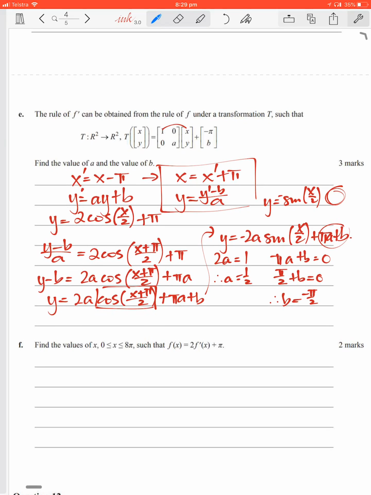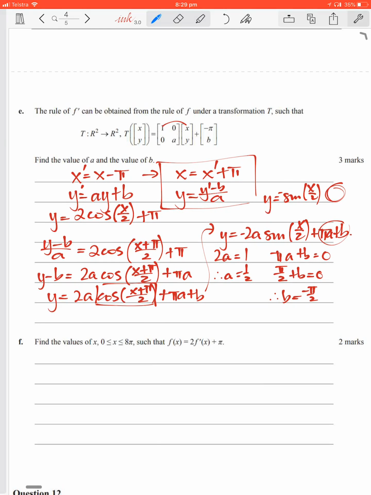So, what are we going to say here? We want to dilate by a factor of 1/2 from the x-axis, and we're going to translate it left pi, and then down pi on 2, because of the negative pi on 2.